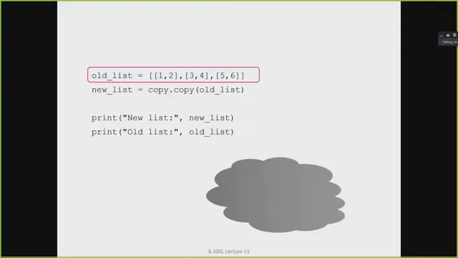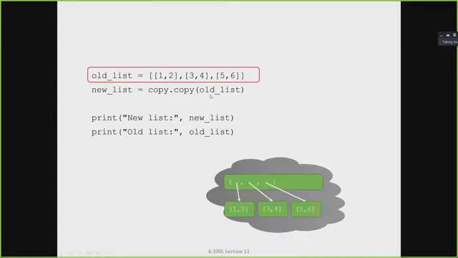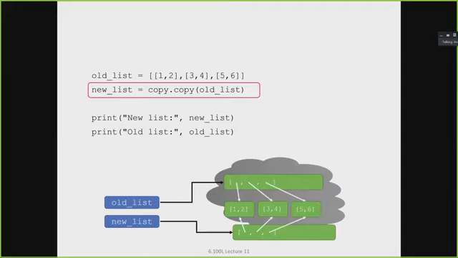So what we're doing with this particular code is creating this old list here. So it's 1, 2 as the first element, 3, 4 as the second element, and 5, 6 as the last element. We're going to create something called a shallow copy, and we could have also said old list square brackets colon. It would be equivalent. And in this shallow copy, Python only creates a copy of the top level.